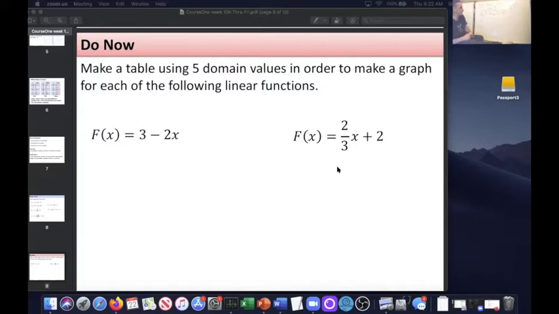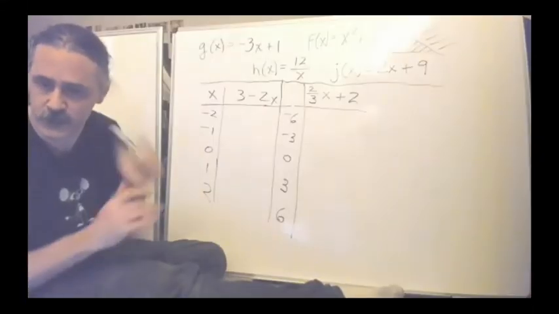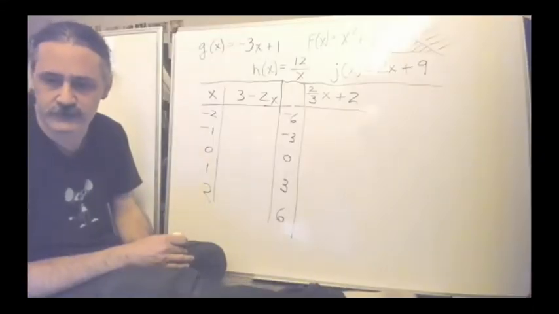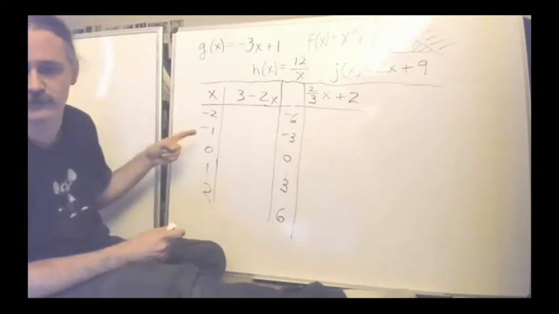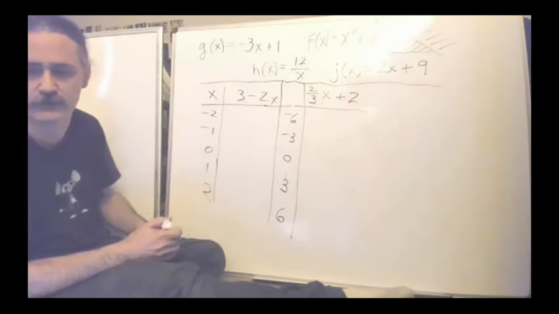So for this one, we're going to pick x's that are multiples of 3: -6, -3, 0, 3, 6. That way, this will be more manageable. We won't have to have decimals for y's, which is what's going to happen if you use -2, -1, 0, 1, 2. You're going to get decimals for -2, -1, and 1, 2.